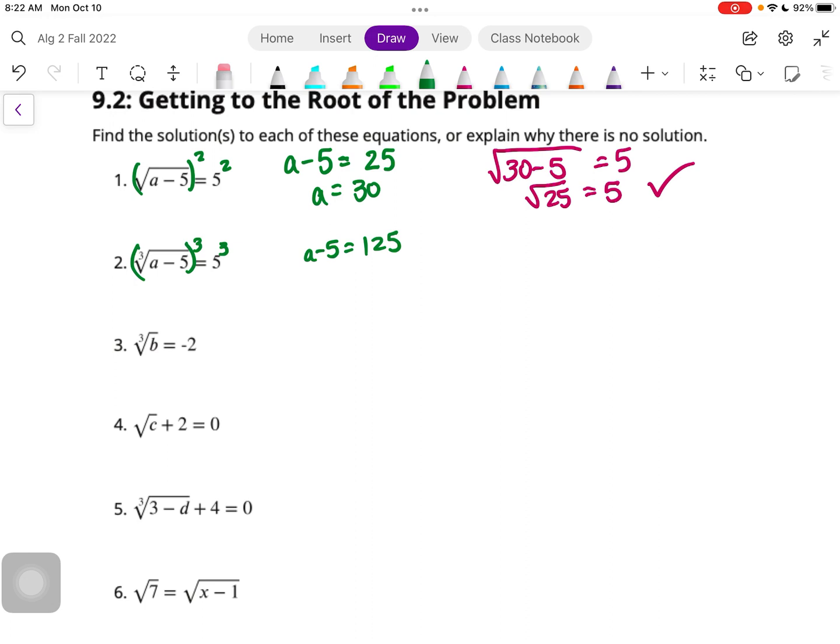And then I'm going to add my 5 over, so a equals 130. Then I need to plug that back in. So the cube root of 130 minus 5 equals 5. Cube root of 125 equals 5, so we're good there.